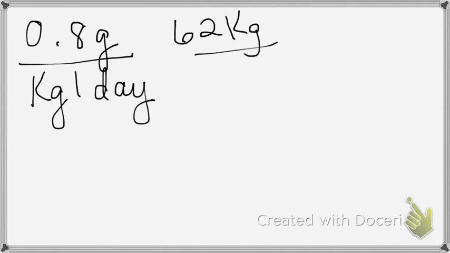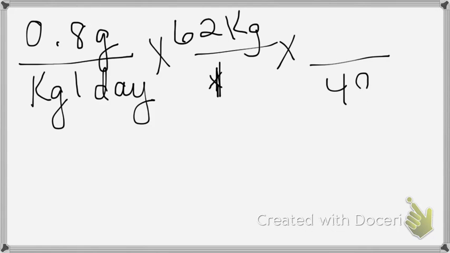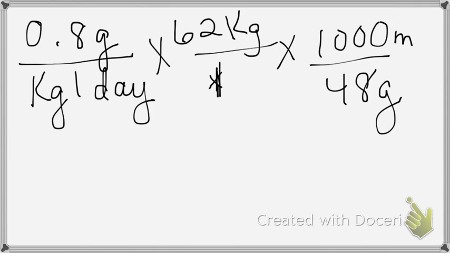So 62 kilograms here. This would actually be a 1 per 1. And we're going to times it by, let's do the 48 grams of protein per 1,000 mLs. So grams is already over here, so I'm going to put it at the bottom. So 48 grams, 1,000 mLs.